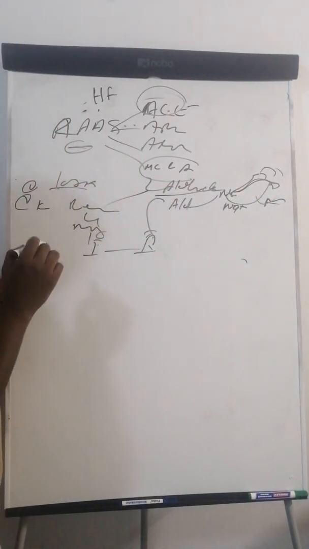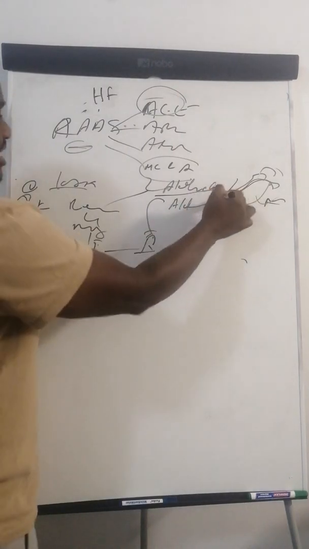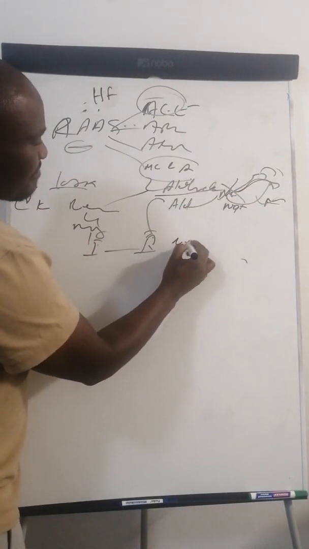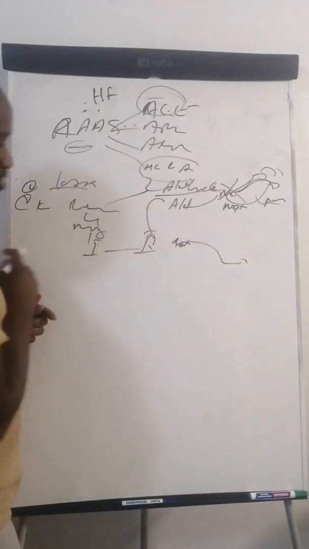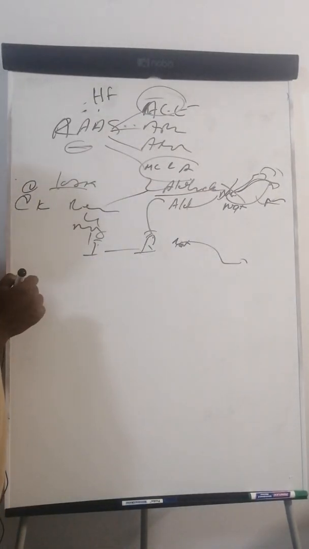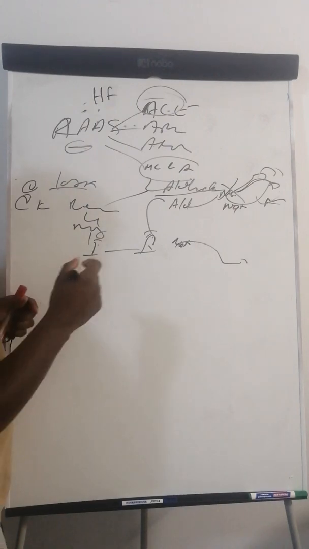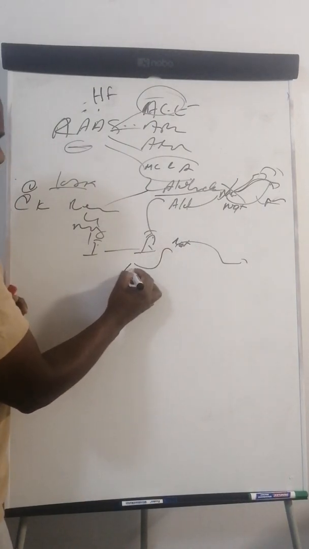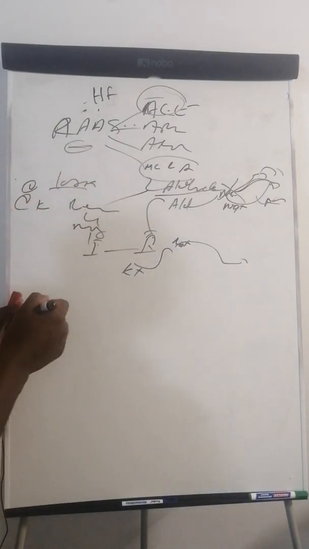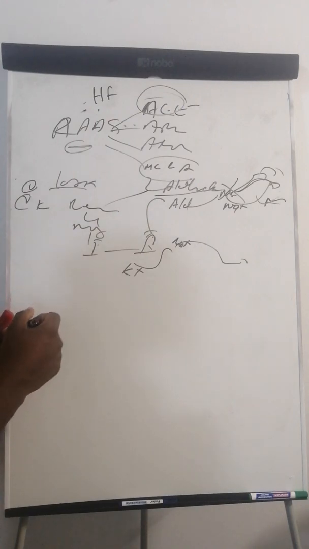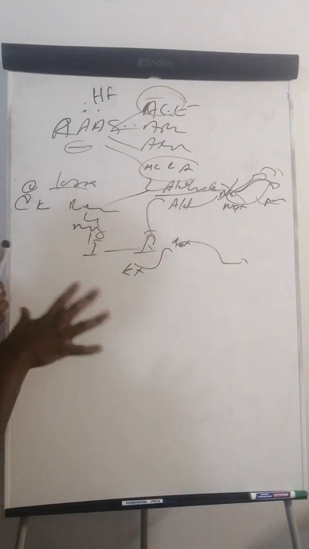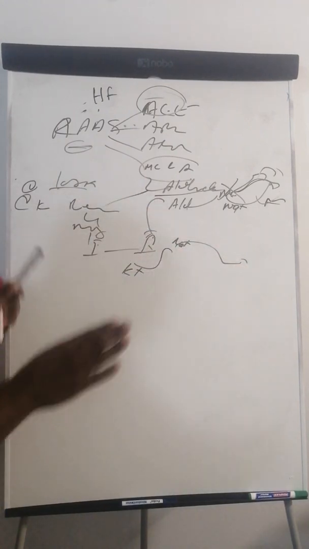But if you give Aldactone, which is an antagonist to this, you are blocking this. Remember, when you reabsorb a positive ion back into the body, in order to maintain an electrochemical gradient, you need to let go of a positive ion as well. And that ion that goes to the urine happens to be potassium. This is a normal thing that happens with the RAAS system without any drug involved.